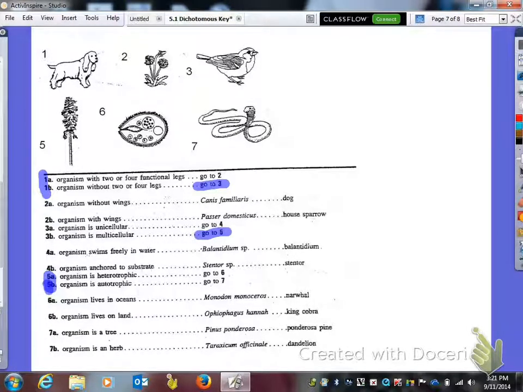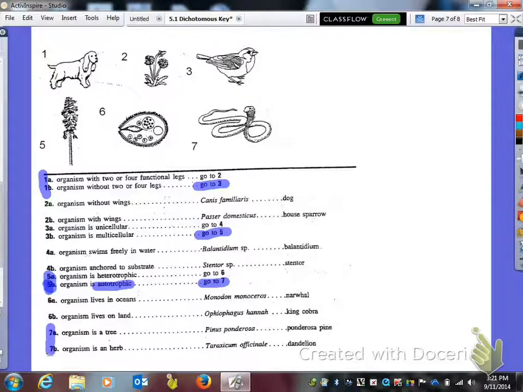But in this case, I'm going to tell you heterotrophic means that it has to eat to survive. It can't produce its own food. But autotrophic means it's self-feeding. It is able to make its own food. So then, if we're talking about a plant here, we know that plants use the sunlight and they make their own food. They are autotrophic. So now we need to go to number 7.